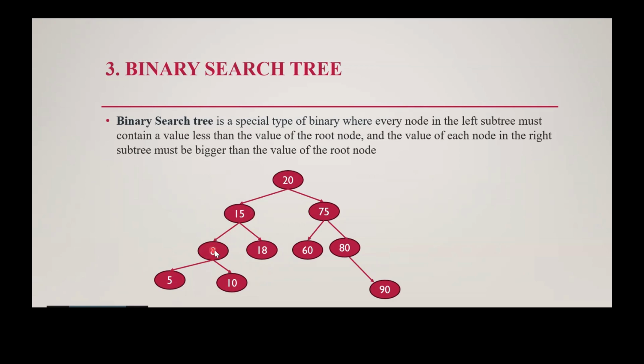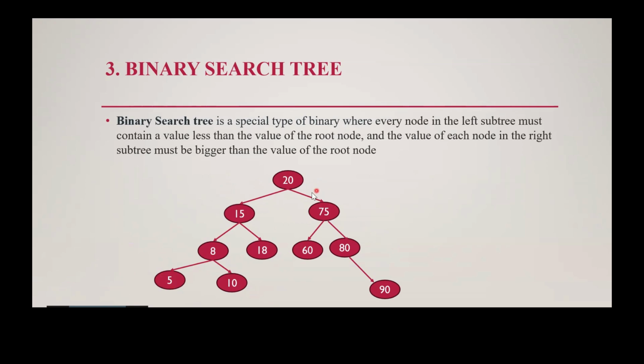Now come to this one. If 8 is the root, then 5 is less than 8 and 10 is greater than 8. So the left subtree is less than the root value and the right subtree is greater than the root value. So this condition is satisfied. So for the left subtree of 20, all the nodes we checked satisfy the condition for the binary search tree.